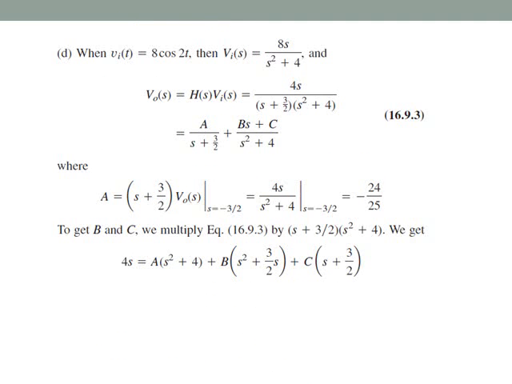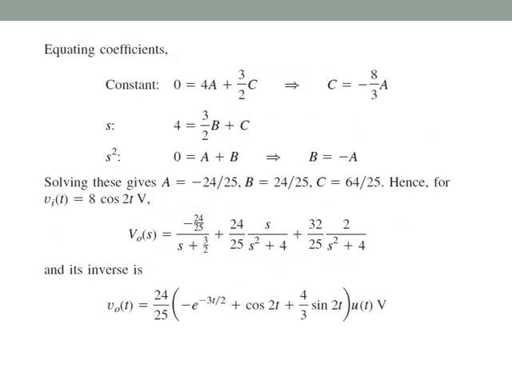In this case the input is 8 cos 2t, so we'll transform this input into the S domain, which is 8s divided by s square plus 4 using table 15.2, and then using the same equation, output is equal to input multiplied by impulse response, and again we'll use partial fractions to find the values of A, B and C, and at the end we can use inverse Laplace transform to find their values in the time domain.